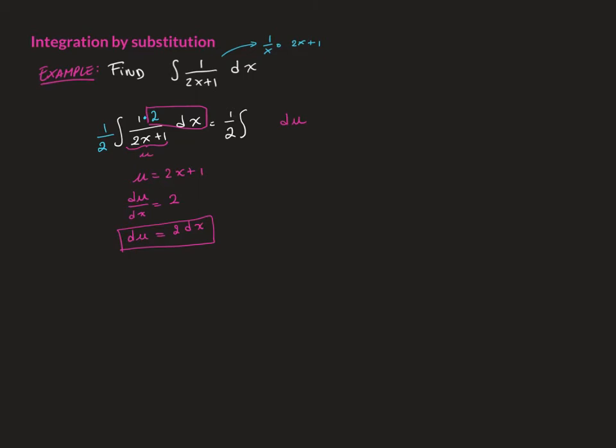So my integral is 1 over u du. And now I know that the integral of 1 over u du is going to be ln of u. So this is equal to 1/2 ln of u plus the integration constant. Now I will go back to x. So I substitute back ln of 2x plus 1 plus our constant of integration.